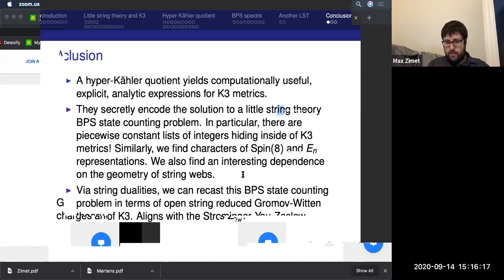And we similarly also find this interesting dependence of the metric on the geometry of these string webs. And via string dualities, we can recast this BPS state counting problem in terms of open string reduced Gromov-Witten theory, which aligns with the SYZ conjecture.